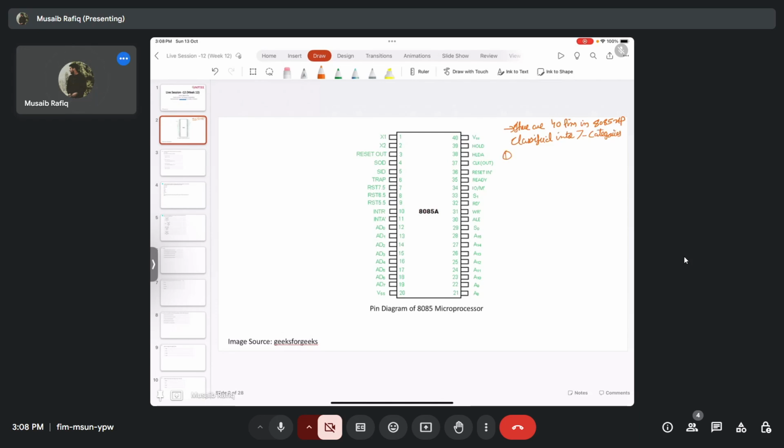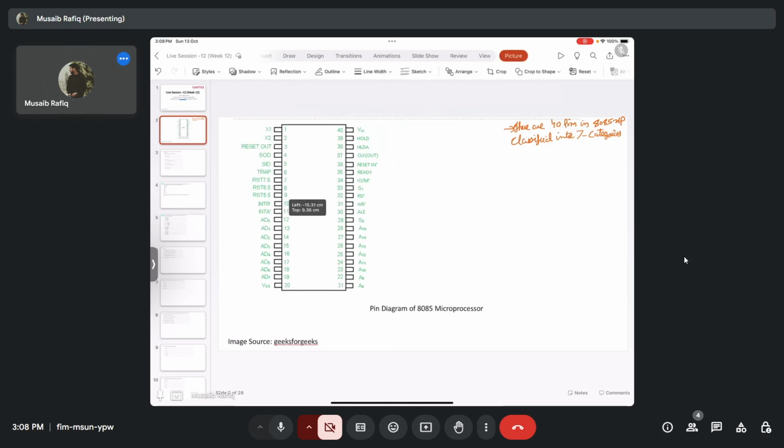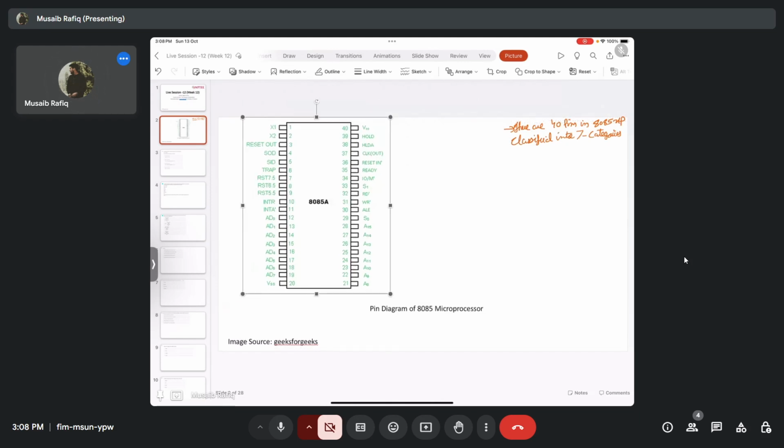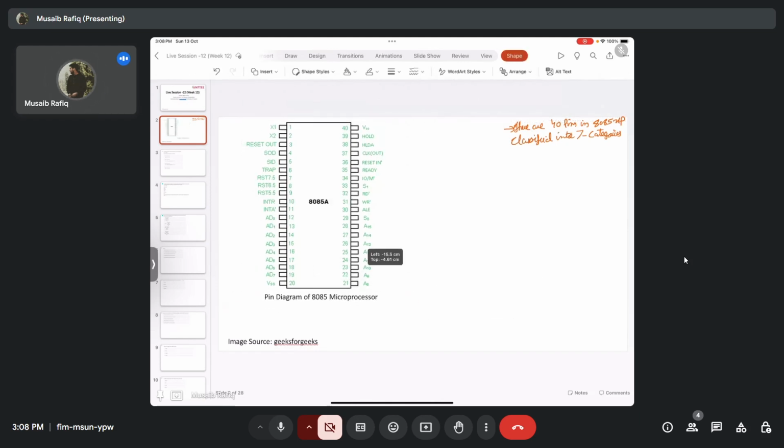Number one is your address bus, that is A15 to A8.